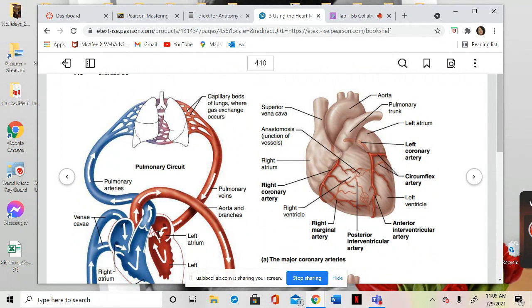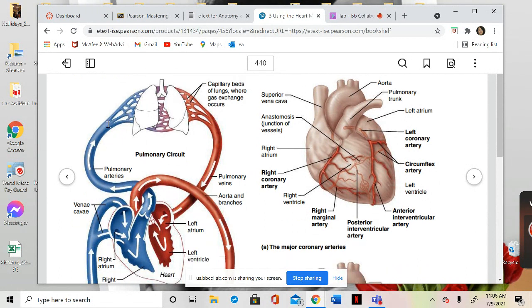The blood vessels that carry the blood to and from the lung form the pulmonary circuit, right? And the function of the pulmonary circuit is strictly to provide for gas exchange, oxygen versus CO2. So it brings CO2, gets oxygen, and the oxygen enters the heart, then is distributed to the rest of the body.